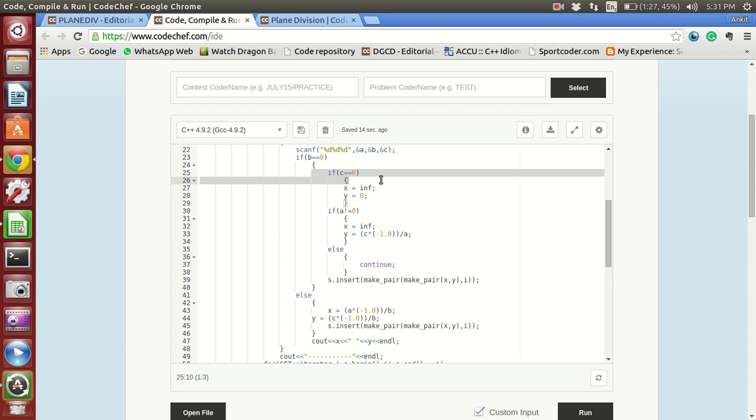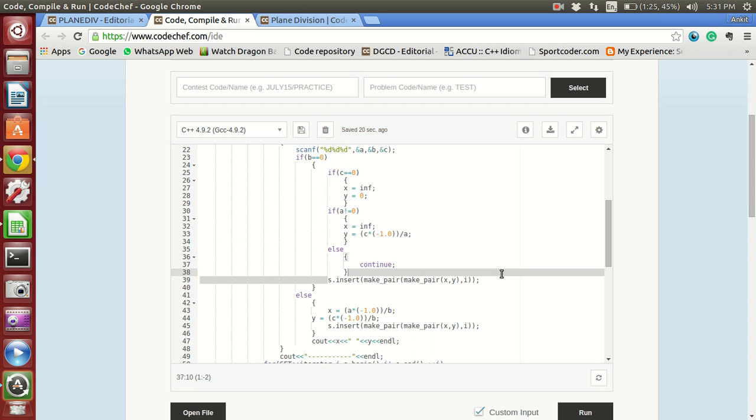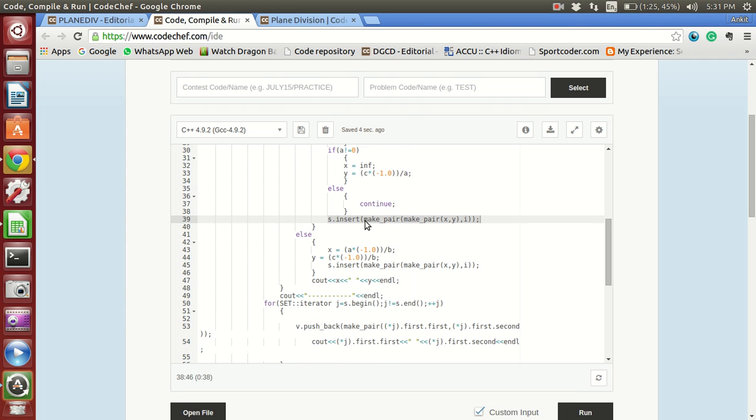And if c is 0, then y will also be 0, because y is the intercept, right? So the slope would be infinity and the intercept would be 0, and otherwise x would be infinity and y would be c into minus 1 by a. Else in any other case we would just continue, and then we are inserting this into S, that is a map data type. This is a pair along with i as the key.